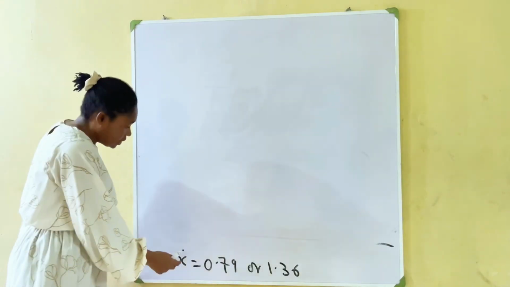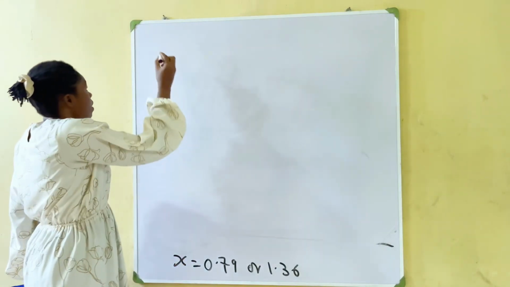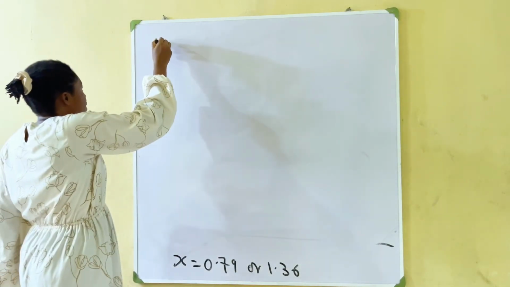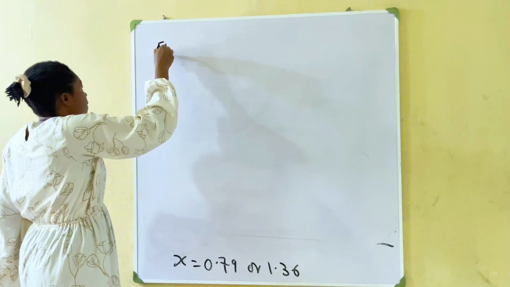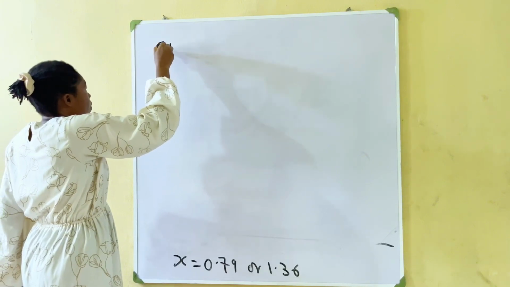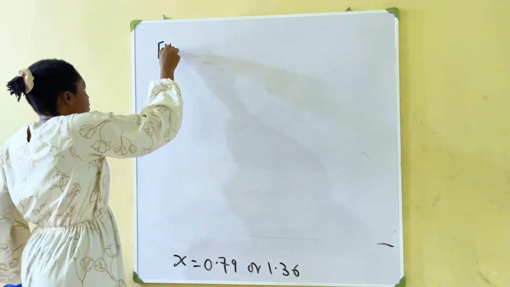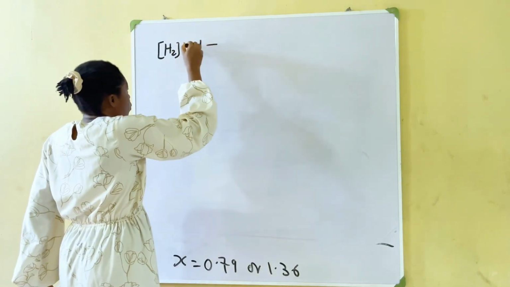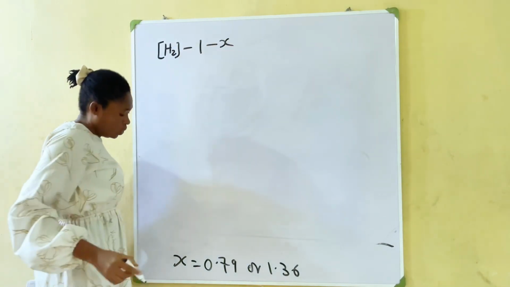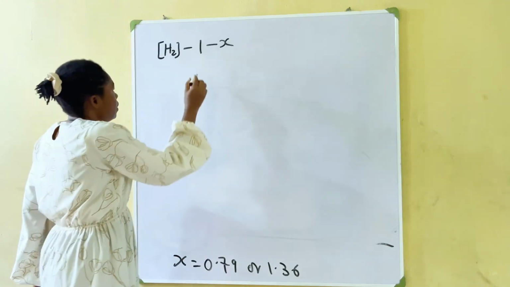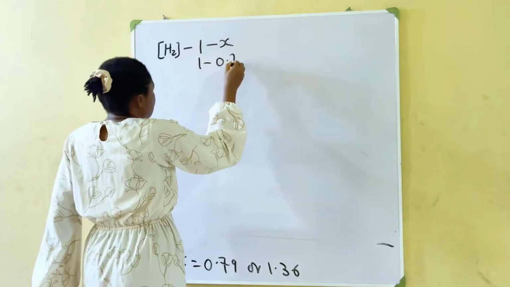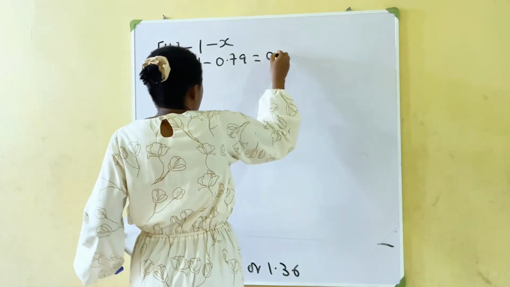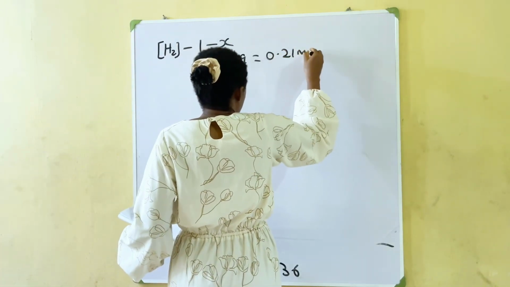Since x is 0.79, we are going to find the concentration of each species present. The concentration of hydrogen gas is 1 minus x, which is 1 minus 0.79, equals 0.21 mole per liter.